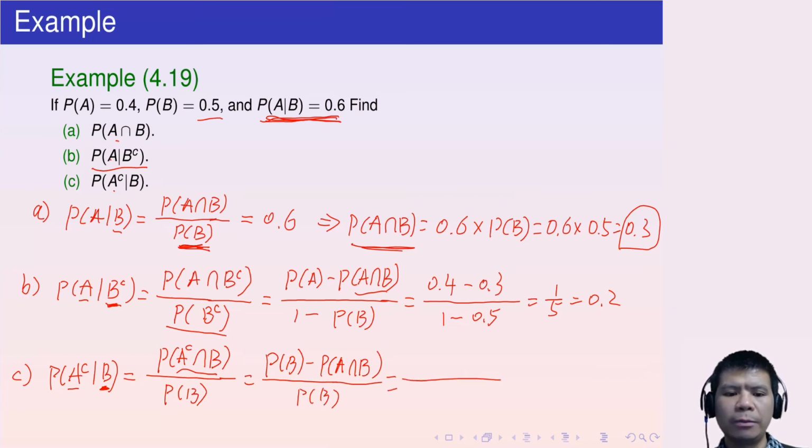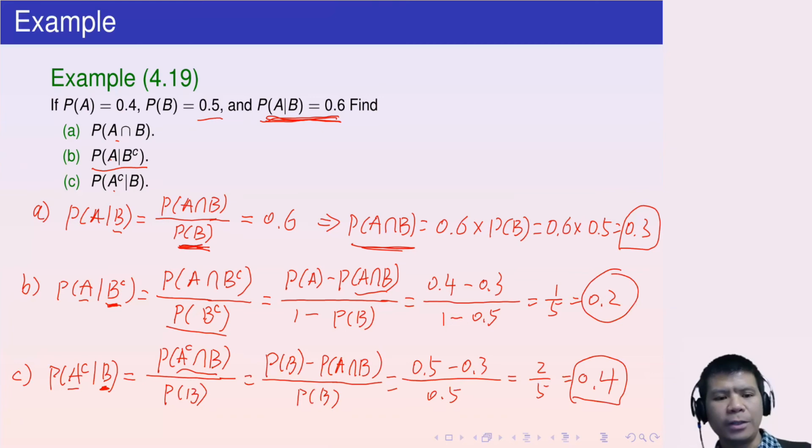Now we know that probability of B is 0.5. This is 0.3, and this is 0.5. So we found this is 2 over 5, which is 0.4. Okay, so that's how we find these values.